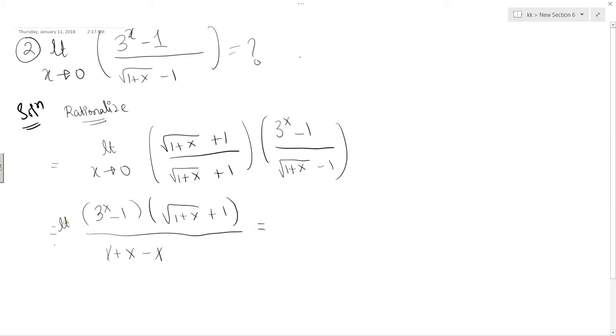The limit x goes to 0 here. Again, limit x goes to 0, 3 power x minus 1 times root 1 plus x plus 1 over x.